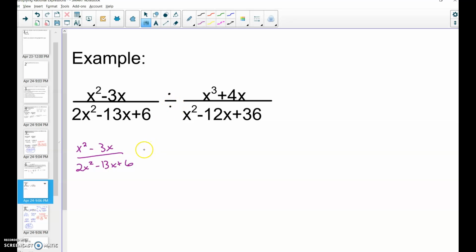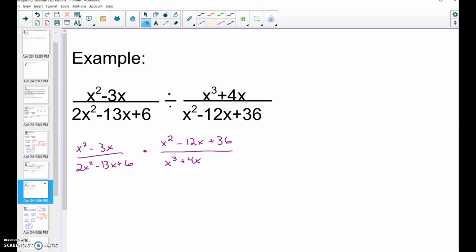I'm going to change my division sign to multiplication, and then I flip my entire second fraction. Now that it's multiplying, I can go ahead and do the same steps for multiplying rational expressions.